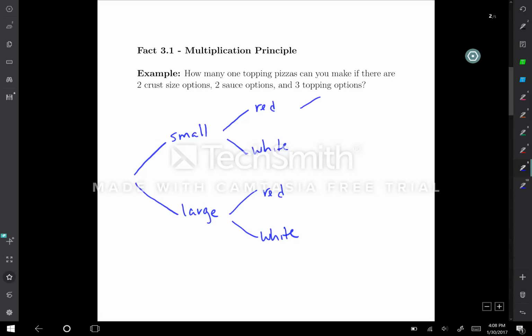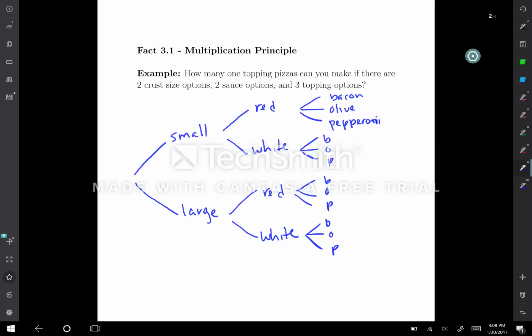So maybe our 3 choices are bacon, olives, and pepperoni. As we build each pizza, we see we can traverse each path here.